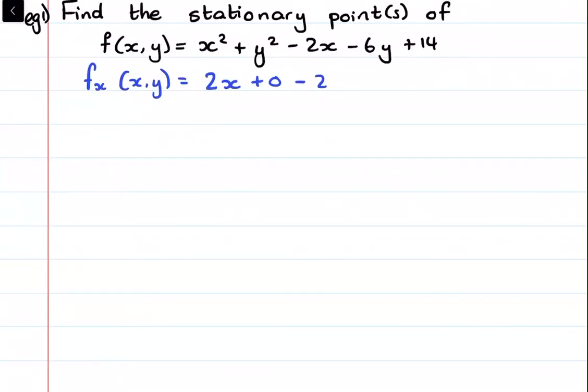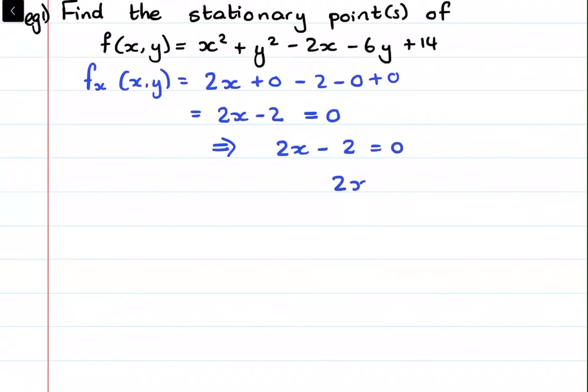Then we set it equal to 0, so 2x minus 2 is 0, which means that 2x is 2, so x is equal to 1.